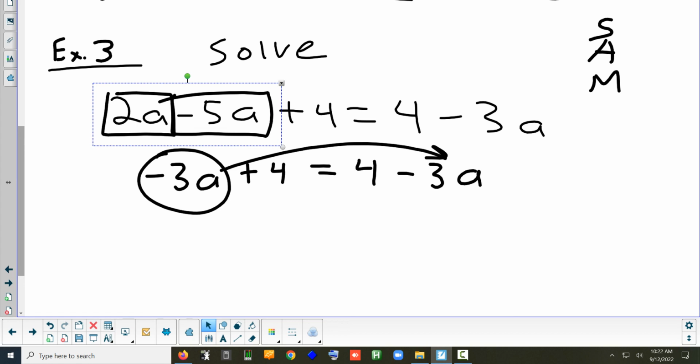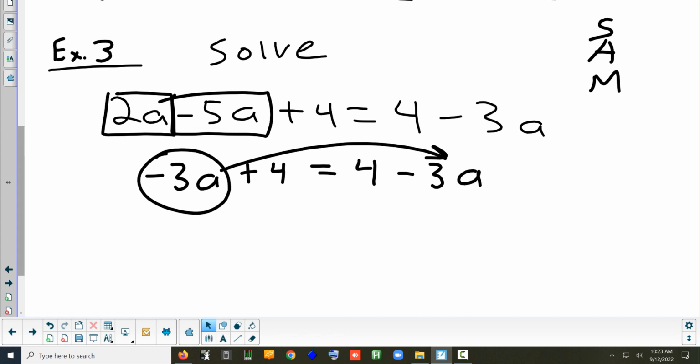Emily, how would I move negative 3a to the other side? So our choices are adding, subtracting, multiplying, or dividing. And what would you add to move this over to here? Think about what we're trying to move.